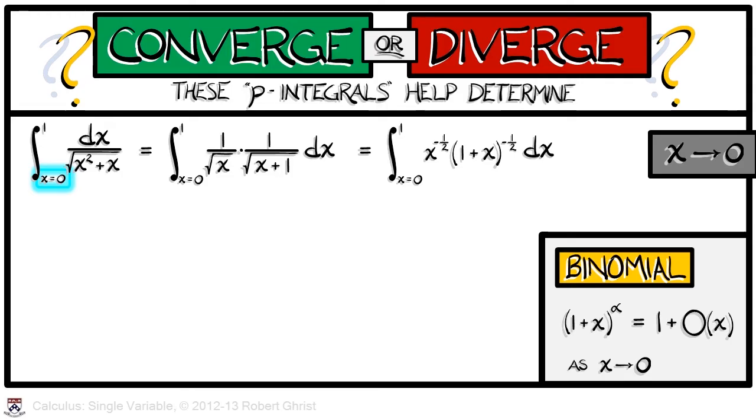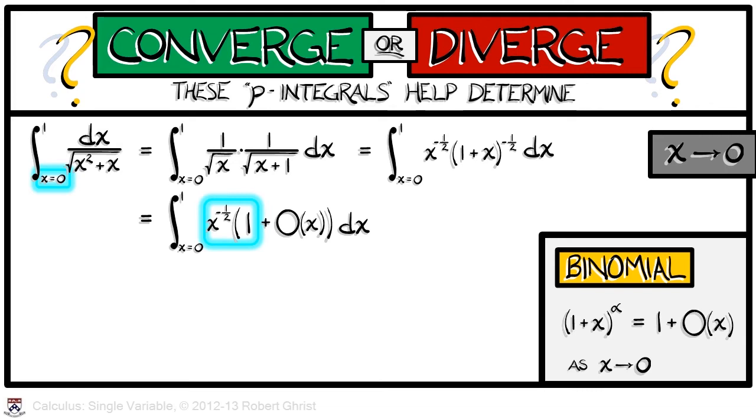Now, if we apply that to the 1 plus x to the minus 1/2 term, then we get the integral, as x goes from 0 to 1, of x to the minus 1/2 times quantity 1 plus something in big O of x. And we see that the leading order term in this integrand is x to the minus 1/2.